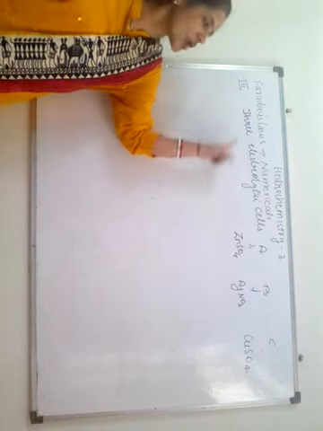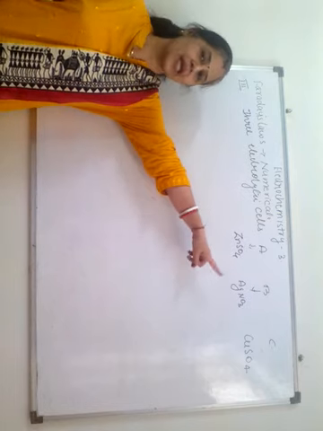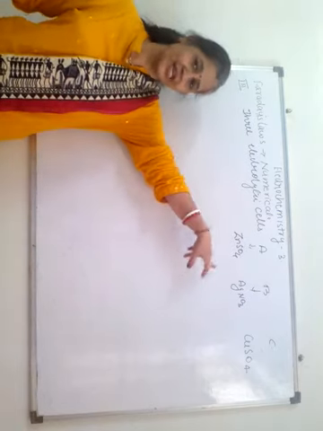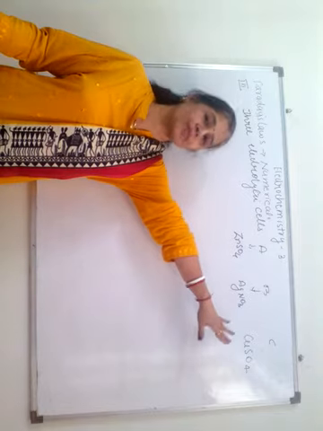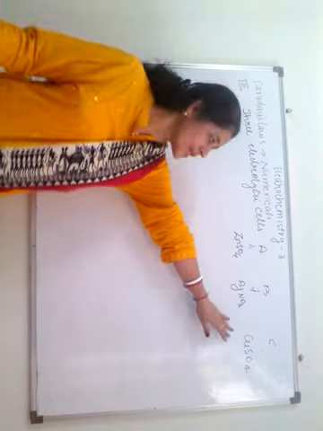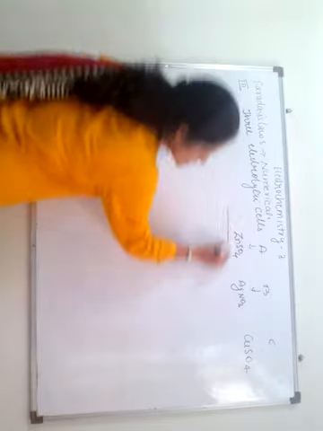So 3 electrolytic cells A, B, C containing zinc sulfate, silver nitrate, copper sulfate respectively are connected in series.